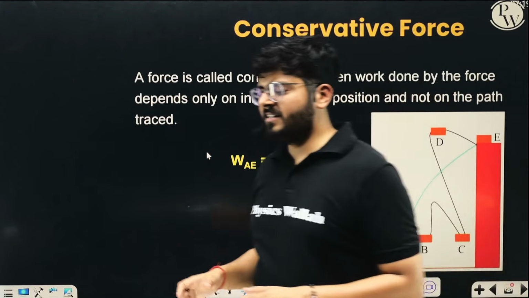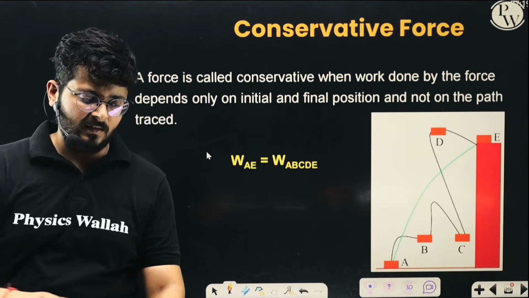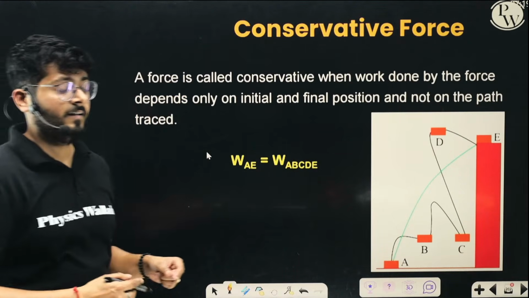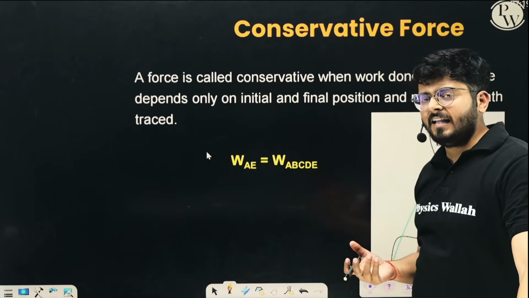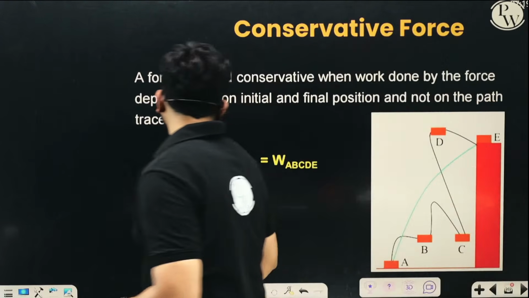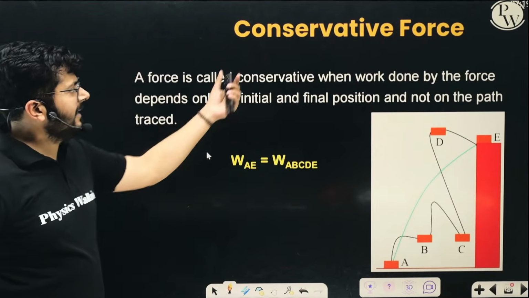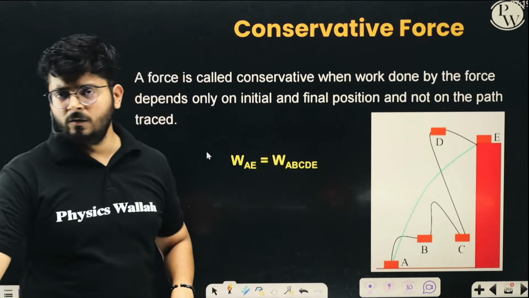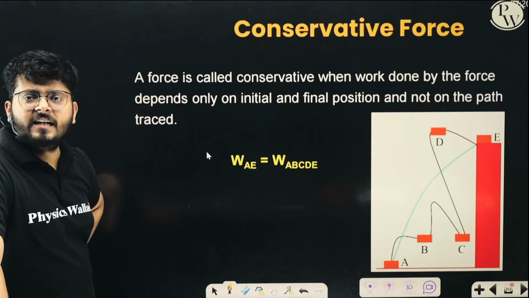So there are multiple instances, or multiple fields, for example, a gravitational field, magnetic field and electrostatic field, in which work done gets stored in the system in some way or the other, right? So we are dealing with conservative fields in those situations, and the conservative force is the force involved. The work done by the conservative force is independent of the path.